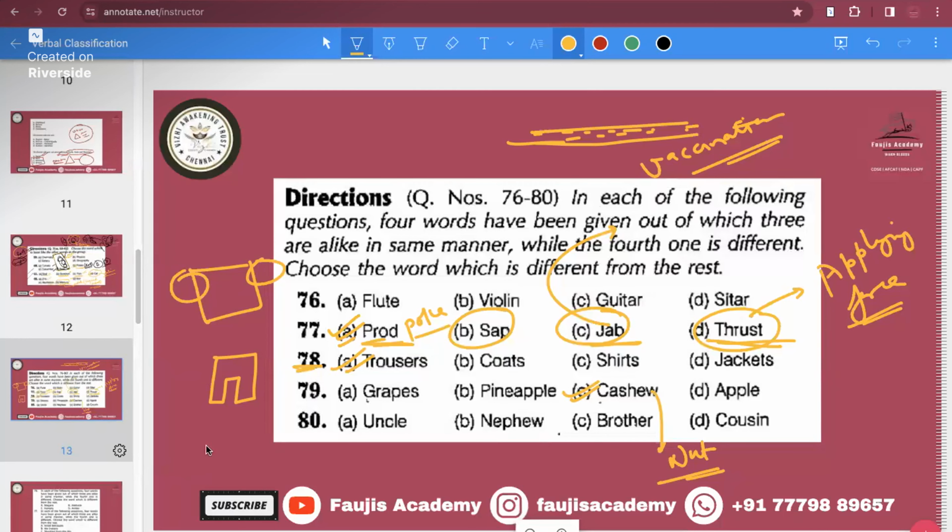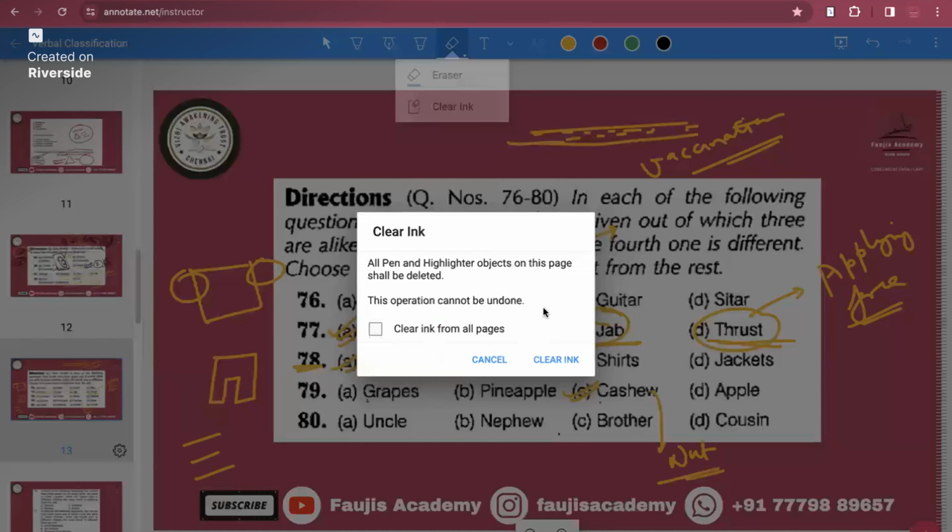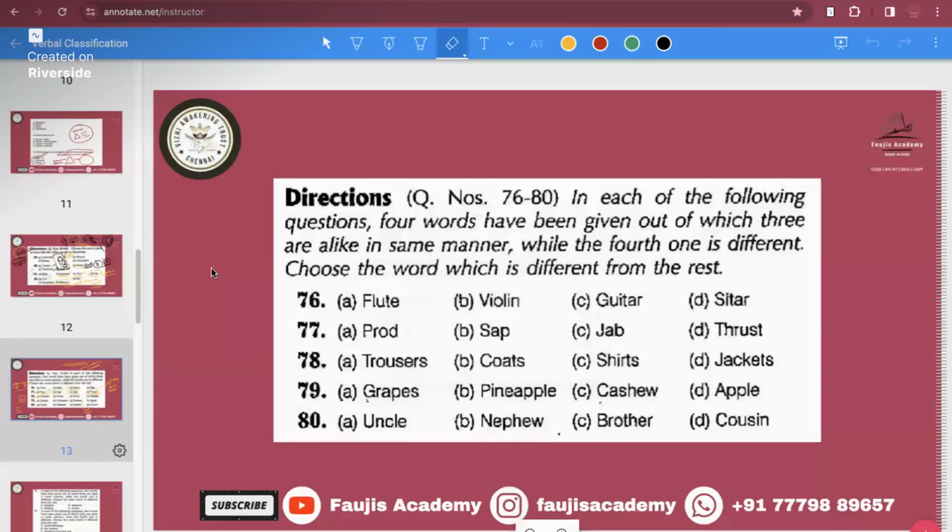Look, in the relationship chart, nephew, uncle, brother, cousin, which one is the odd one out? Let us say this is our family tree.